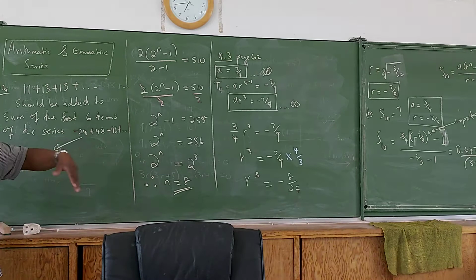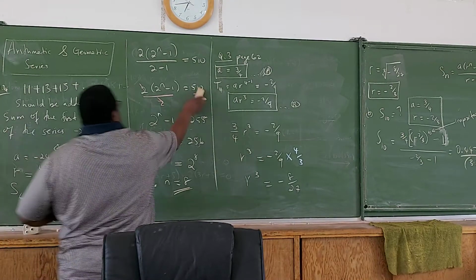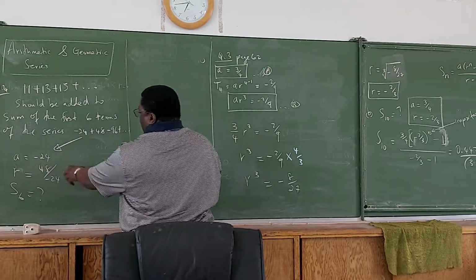So first, our A is negative 24. Our R will be 48 divided by negative 24, which is negative 2. Now we are going to find the sum of the first 6 terms of this particular series. So it's a GP, please don't forget.